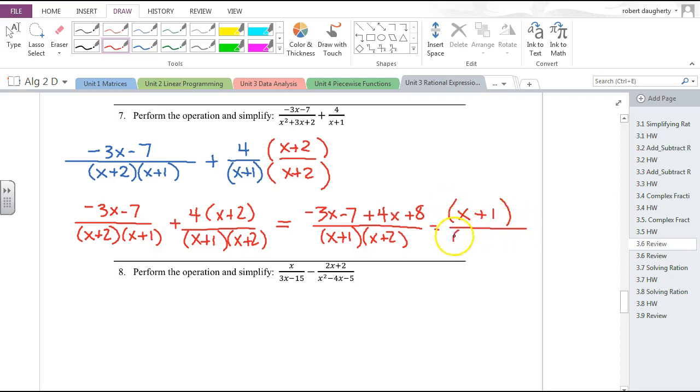So I've got x plus 1 over (x plus 1)(x plus 2). Now I see that x plus 1 divided by x plus 1 is simply 1. My final answer, 1 over x plus 2.